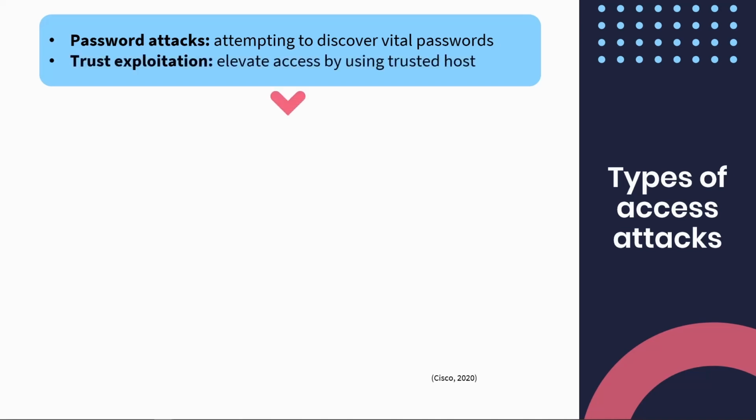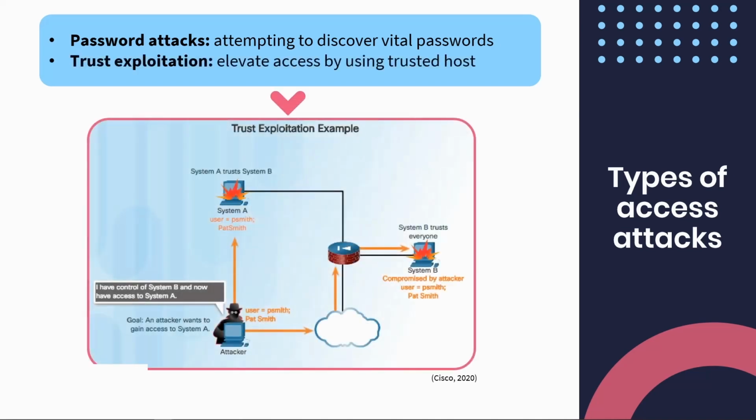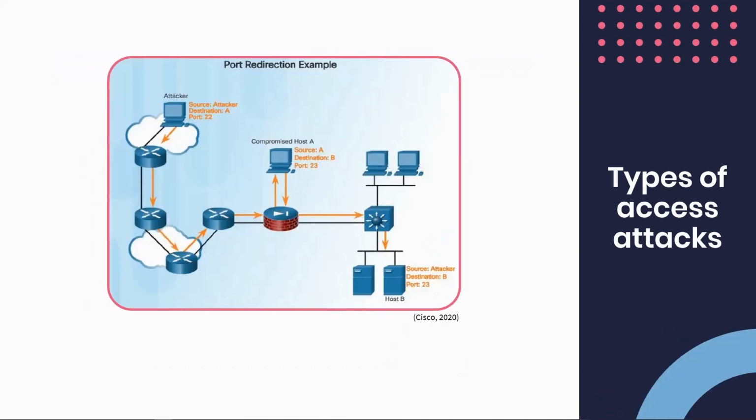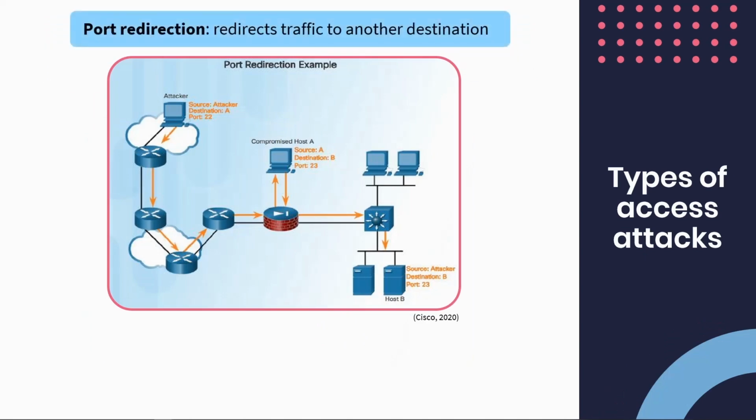Trust exploitation is a common method by which threat actors elevate their access by using a trusted host to gain access to the rest of the network. Port redirection, as previously mentioned, the threat actor will use a compromised system as a base for attacks against other users in the network, simply by redirecting traffic to the destination they need access to.